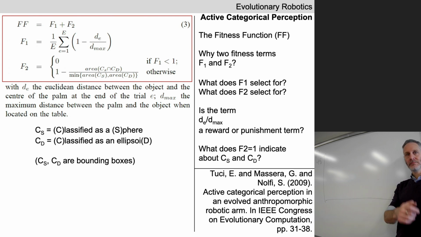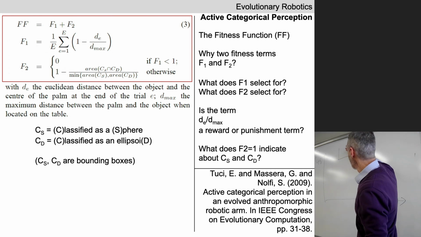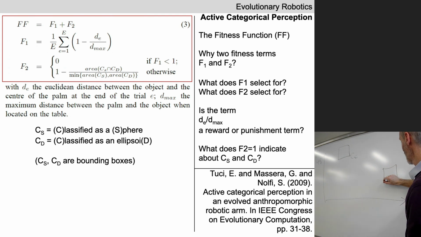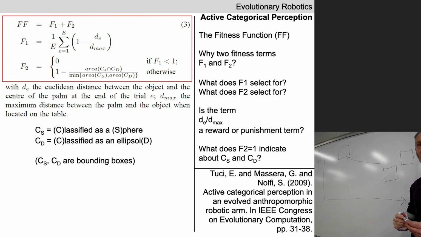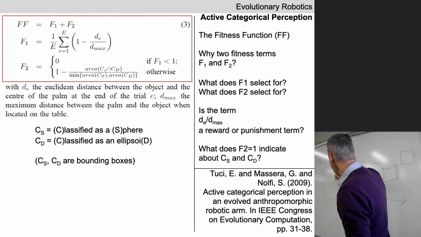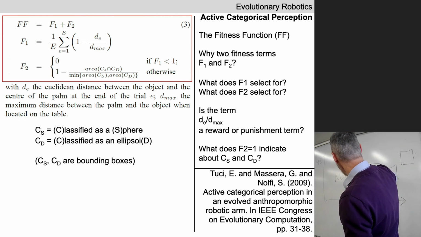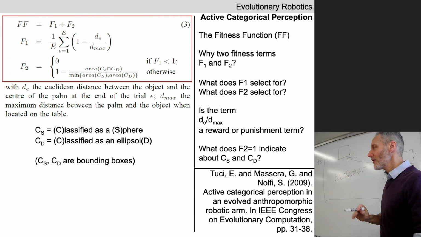What would we do? We just want to maximize the distance between the cube bounding box and the other two. Something like this, right? We might now put in some terms to the fitness function that try and maximize the distance between these. This is known as the alignment problem in robotics and AI.